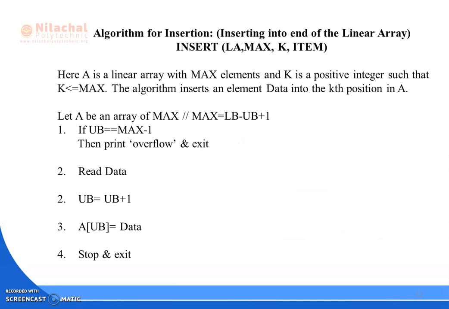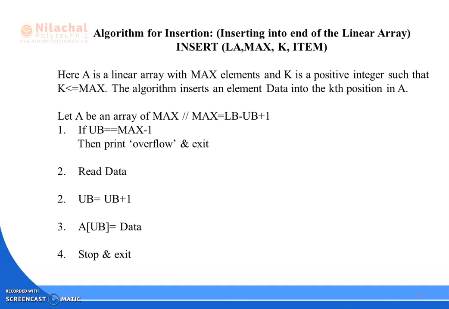So let's start with the algorithm for insertion into the end of the linear array. Here A is the name of the linear array with max elements, that is, the max variable is taken for the total size or maximum length of the array.